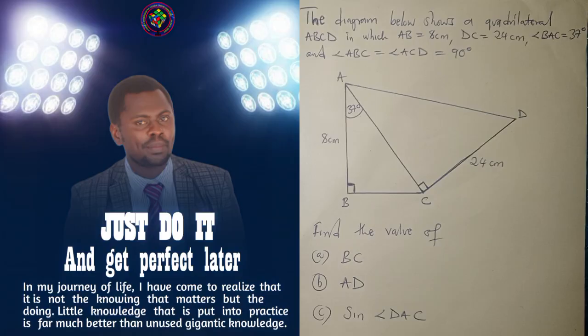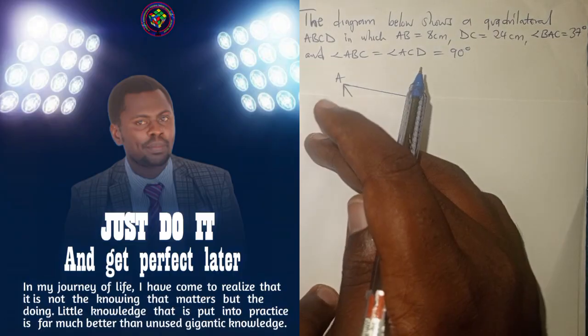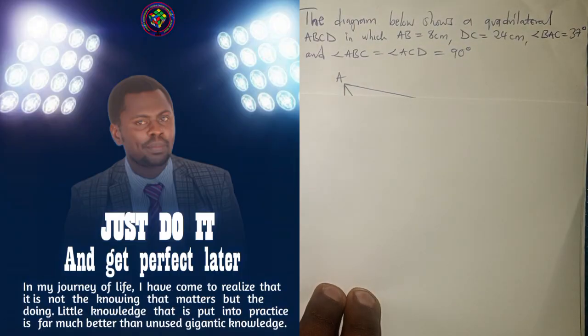Today's lesson is on trigonometry that involves right-angled triangles. So let's discuss this trigonometry. We know that the word trig comes from the word triangle, so trigonometry is just the science of triangles.